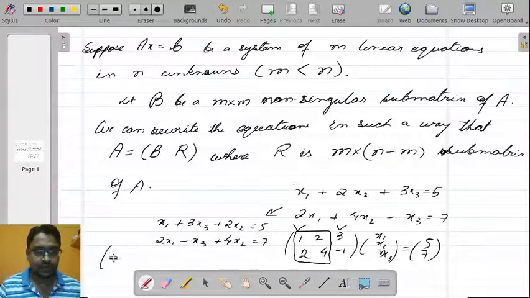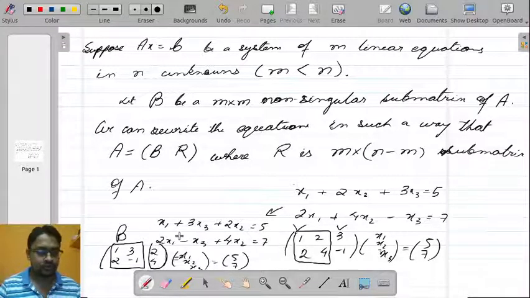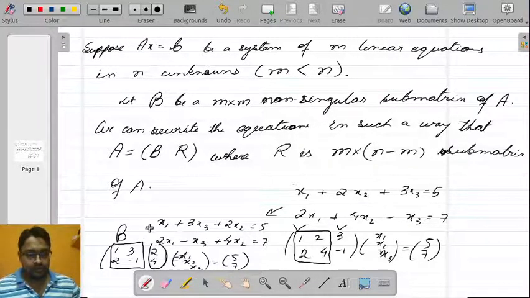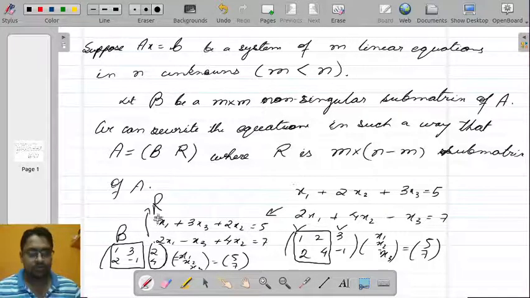In matrix form, [1 3 2; 2 -1 4] times (x1, x2, x3) equal to (5, 7). Here this part corresponds to B, and this corresponds to R.